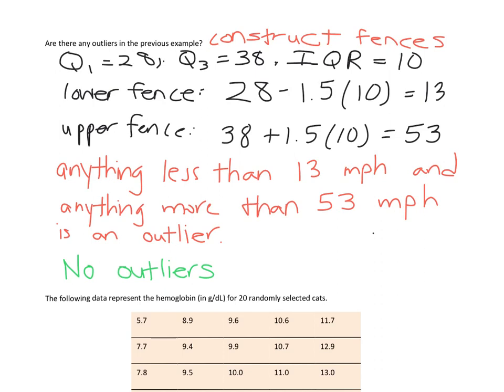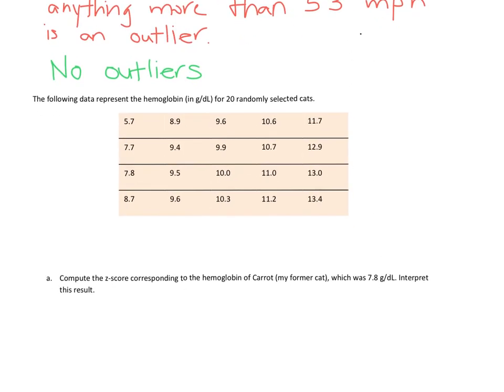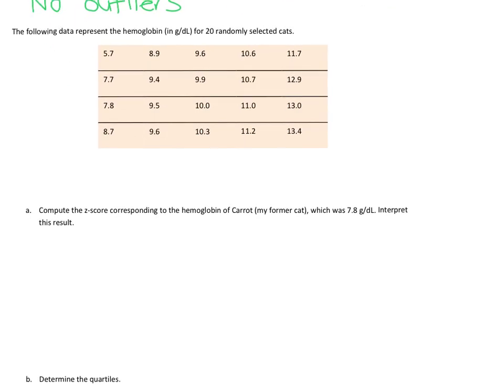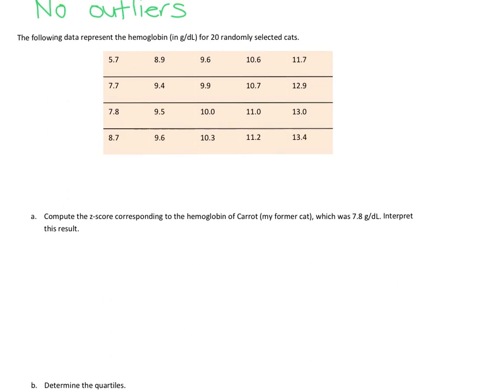So now we have an example for you guys to do on your own. So you guys can pause the video right now and go ahead and do this example. We are looking at the hemoglobin for 20 randomly selected cats, right? And notice in the very first one, we have to compute the z-score.